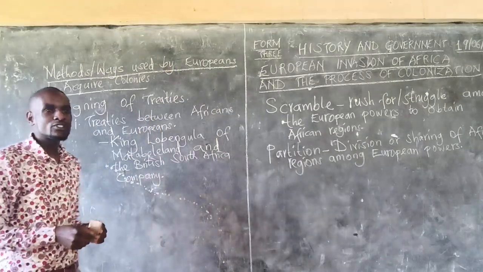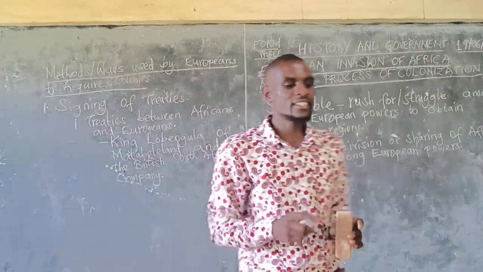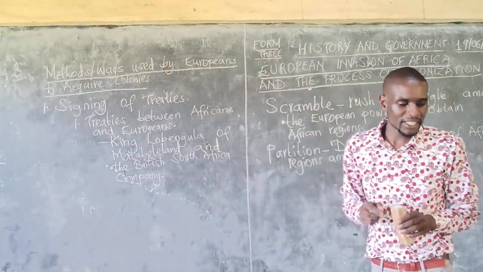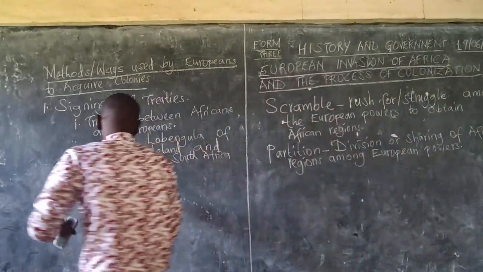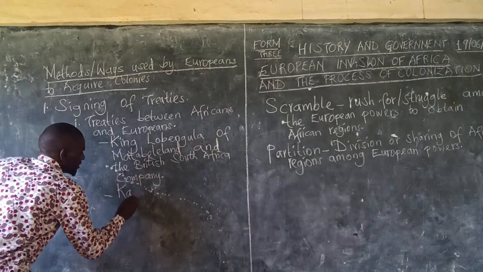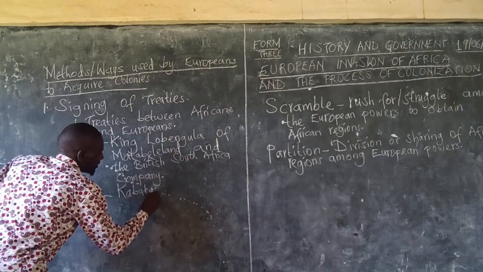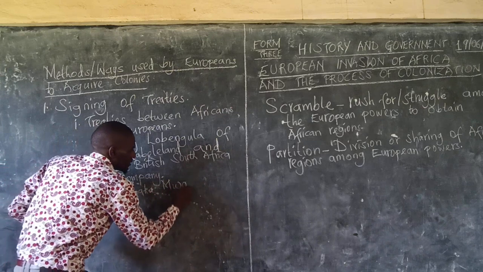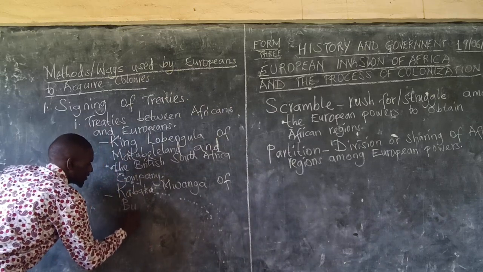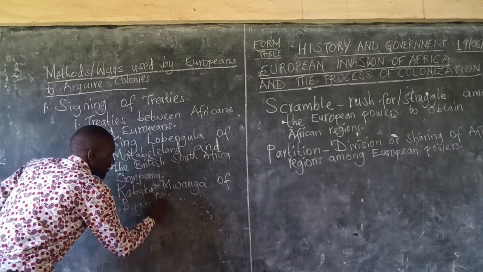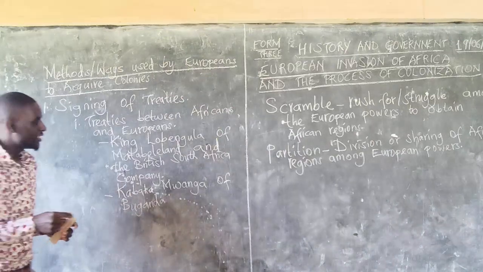Another one was that of Kabaka Mwanga of Buganda and the Imperial British East Africa Company.